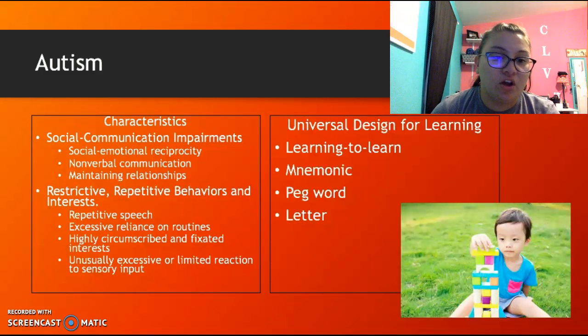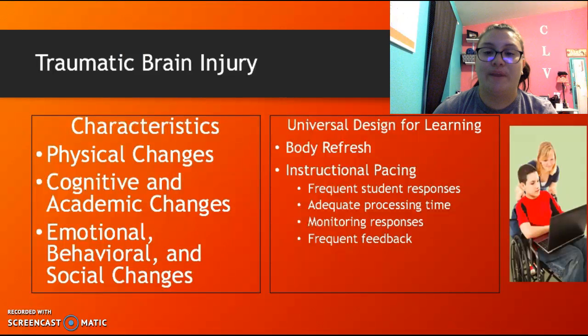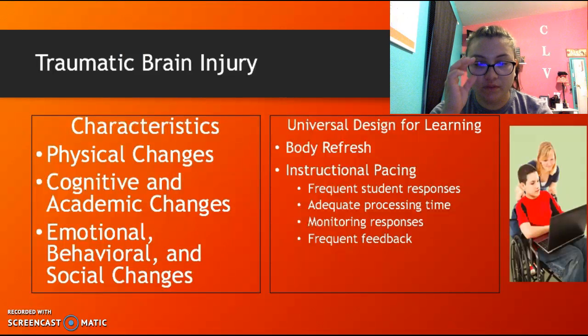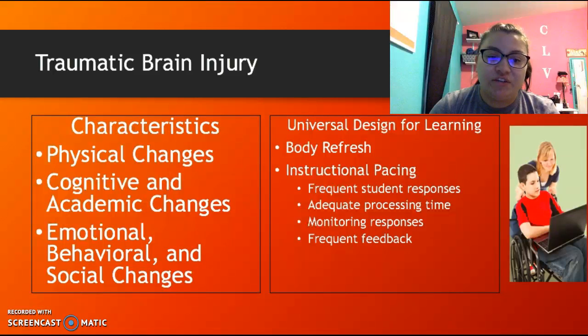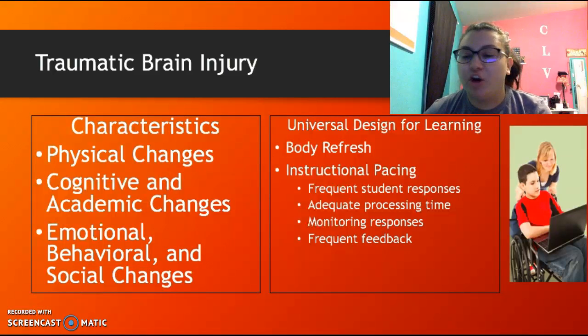So moving right along, we're going to talk about traumatic brain injury. Coordination, physical weakness, and fatigue are common effects with TBI. That's part of their physical changes.